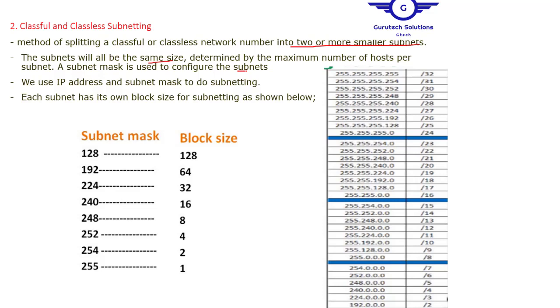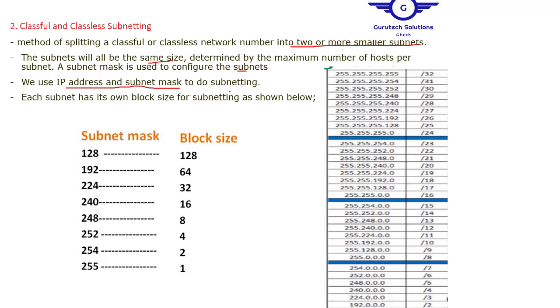So in classful or classless subnetting, it's the IP address and the subnet mask that help us do subnetting, and each subnet has its own block size, as shown below.